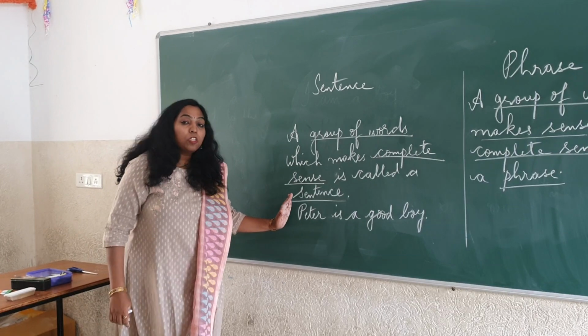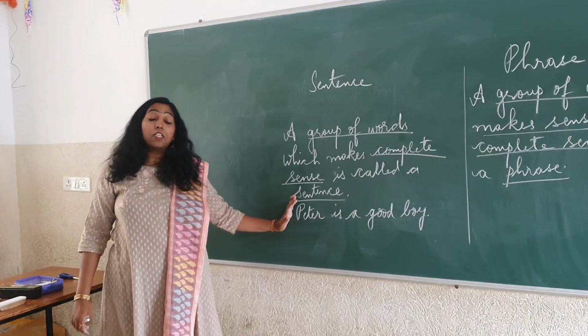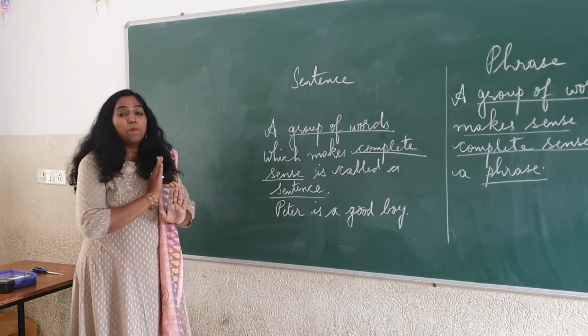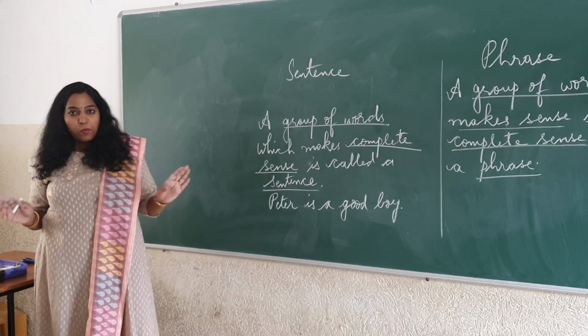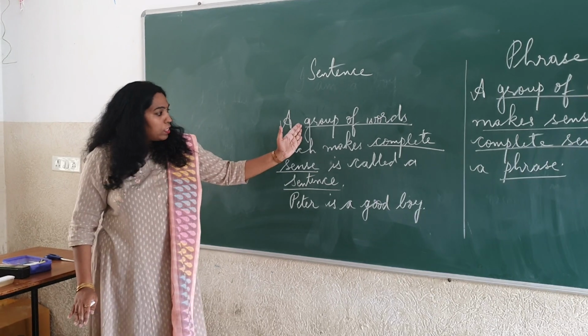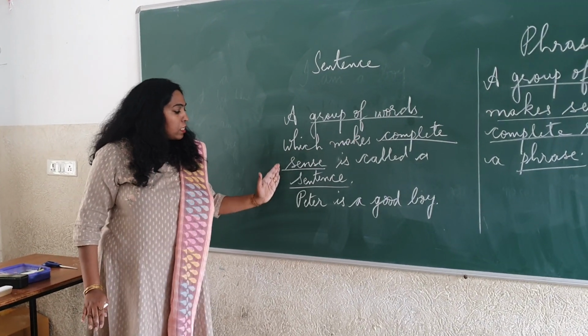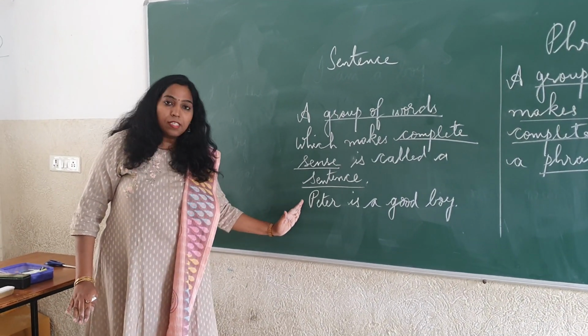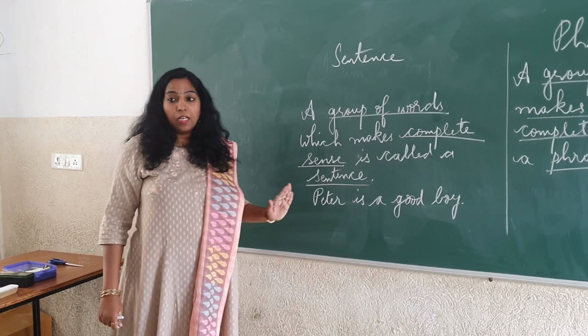So, we are talking about Peter. What are we saying about Peter? That he is a good boy. So, it's making complete sense. No room for any question, no room for any doubt. So, a group of words which makes complete sense is called a sentence. So, we call this a sentence, because it makes complete sense.